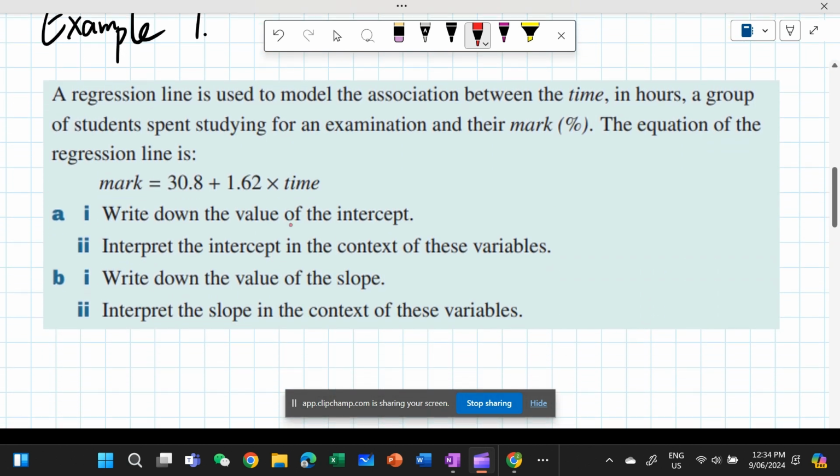So let's start with example 1. The regression line is used to model the association between the time in hours that a group of students spend studying for the examination and their mark. The equation of the regression is mark equals 30.8 plus 1.62 times time.